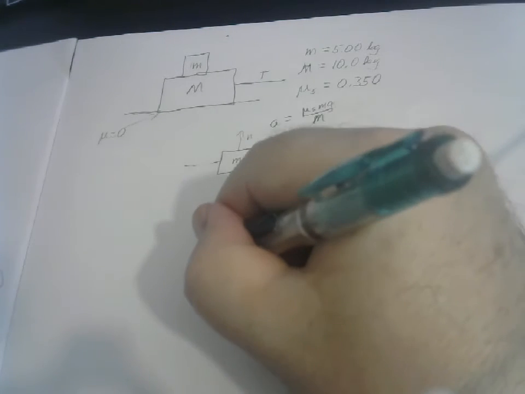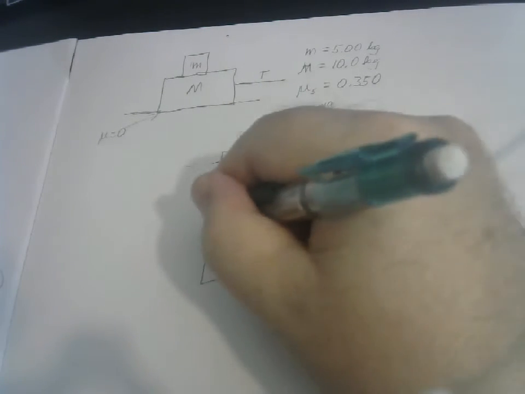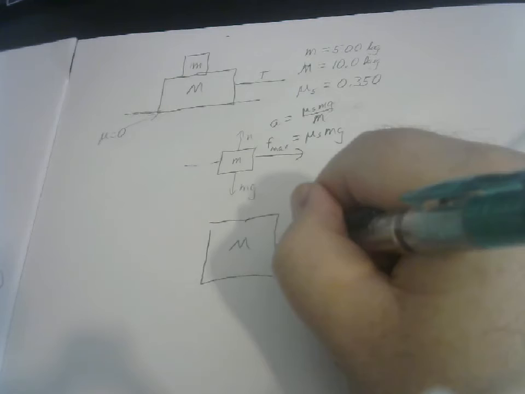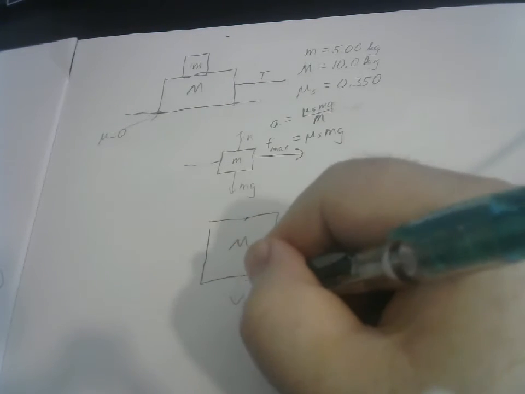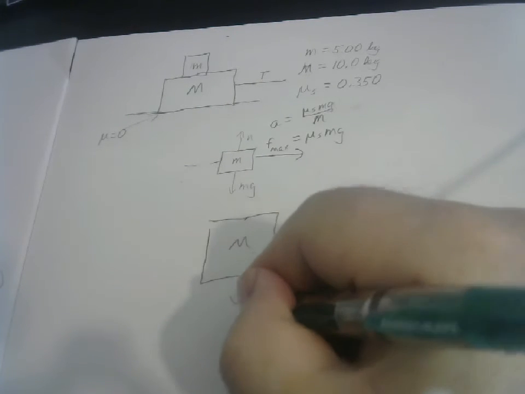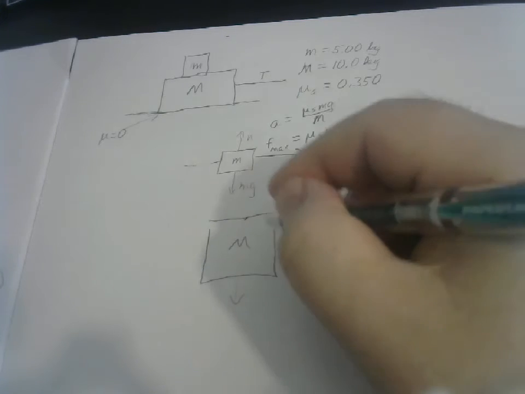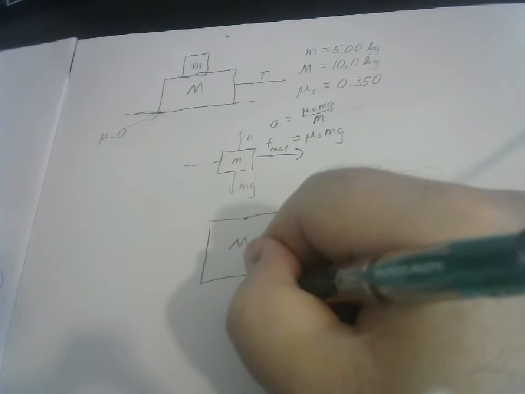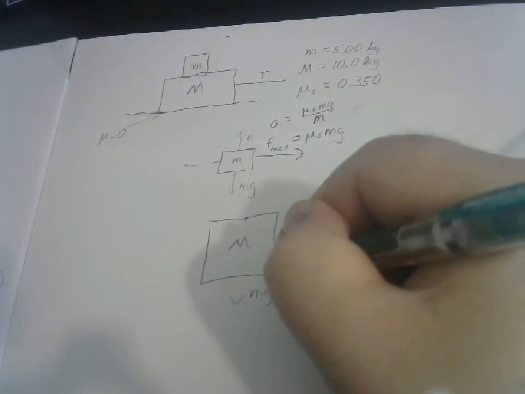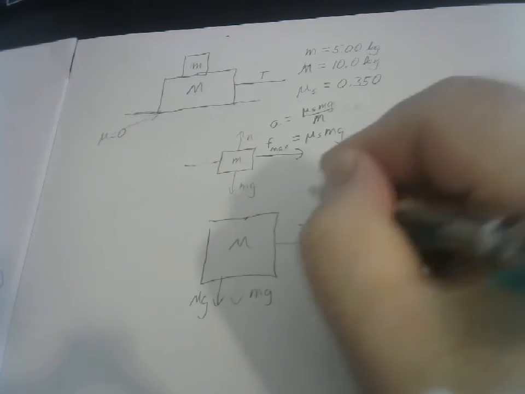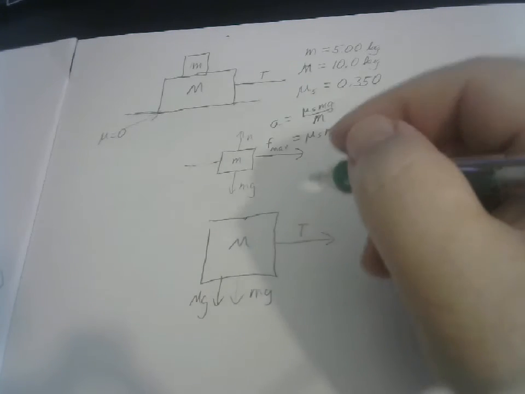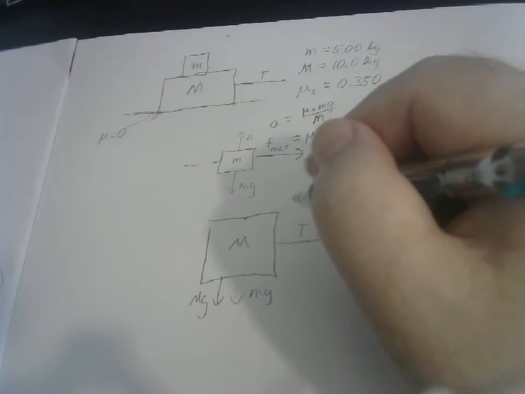Now, for the bottom block, we will have the tension acting this way, and we will have mg acting downward on it. We will also have mg acting down on it because we've got both those weights on top.